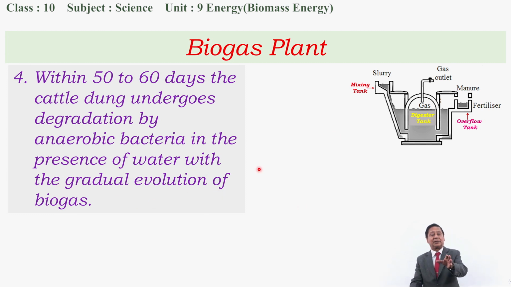This anaerobic bacteria means the bacteria which survive in the absence of free oxygen, but in the presence of water it decomposes the biomass which contains protein, carbohydrate, fat. It decomposes them and forms mainly methane gas along with carbon dioxide, hydrogen and hydrogen sulfide.